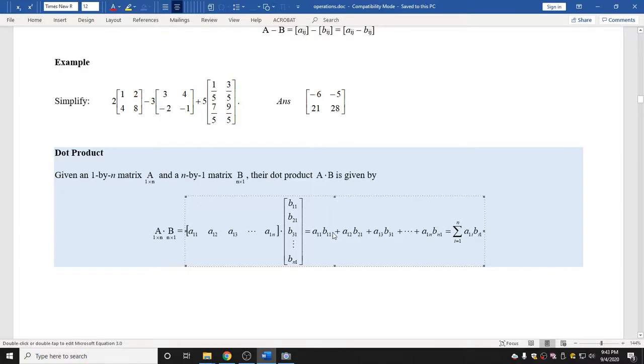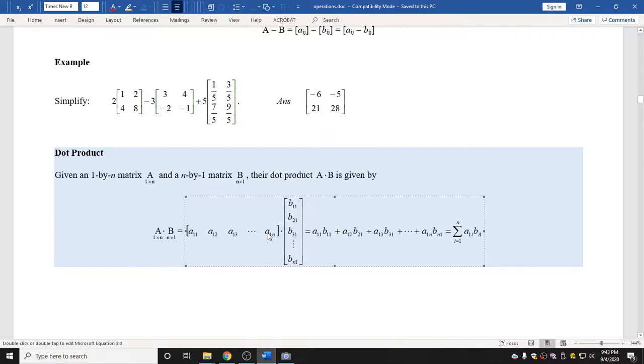And then you say plus, and then you multiply the second entry of the row matrix times the second entry of the column matrix. So you multiply A12 times B21. And then plus again, and then you multiply the third entry of the row matrix times the third entry of the column matrix. And so on up until the last entries.